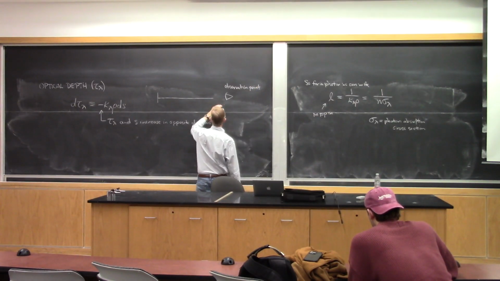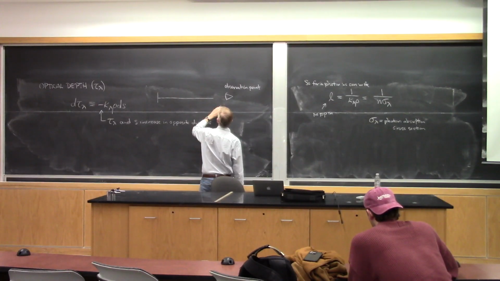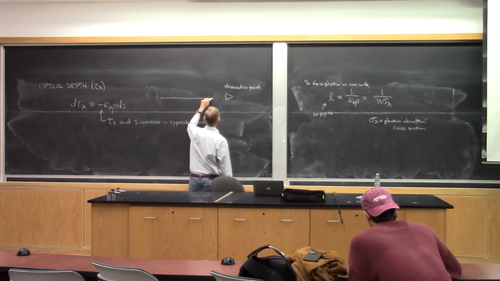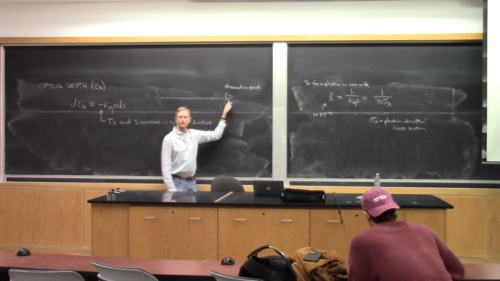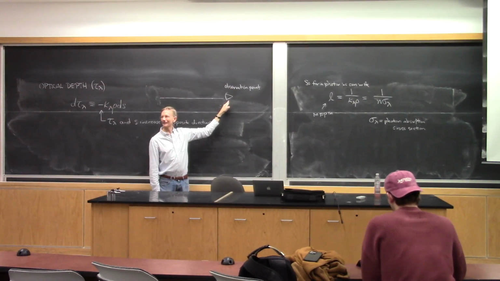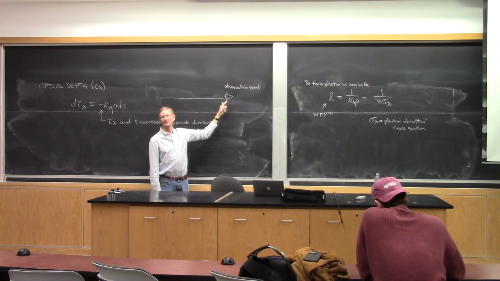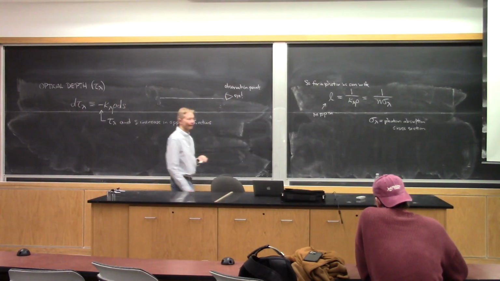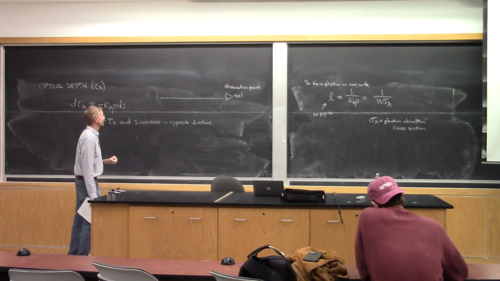Actually, how do I want to do this? I actually want to go in the other direction the way I've drawn this. So here's the observation point. It's an eye. Yeah, this is a cross section of an eye. It's not a great one. It's an eyeball, right? So eye.